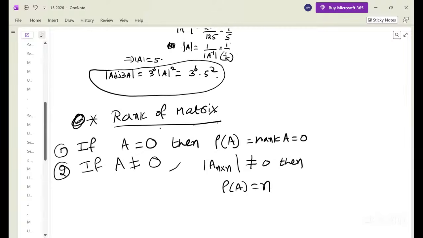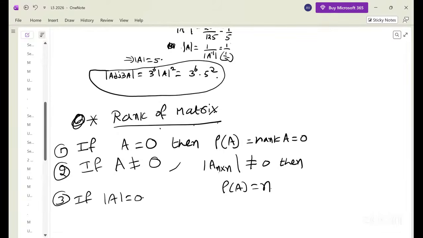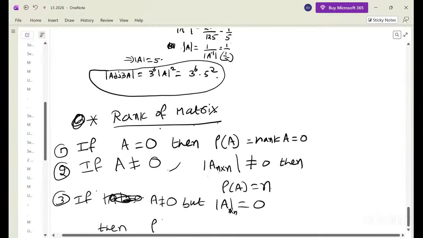This order becomes the rank. If the determinant is not 0, rank of A is n. If det A is 0, A is not 0 but det A is 0, and it's n by n, then rank of A is less than n.